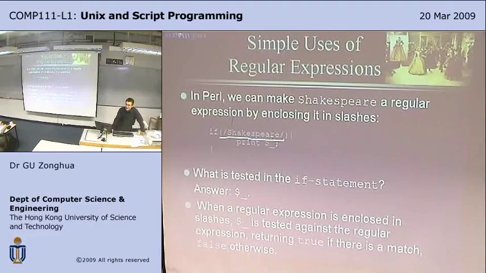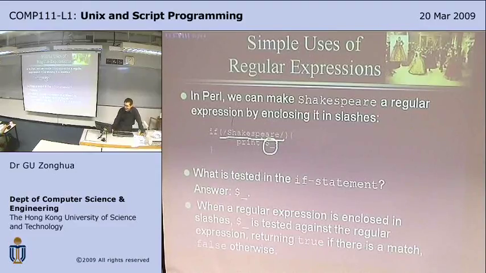Remember that whenever you omit the string argument, it's always the default $_. So this is checking the regular expression against $_. When a regular expression is enclosed in slashes, $_ is tested against the regular expression, returning true if there's a match, false otherwise.